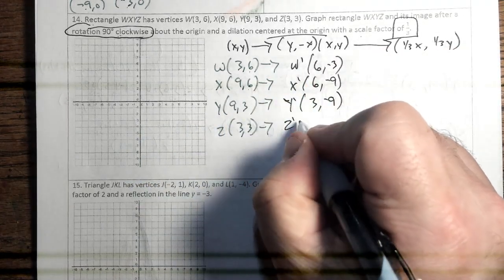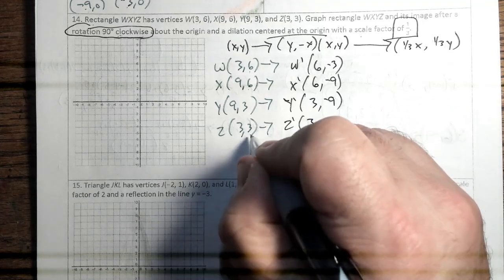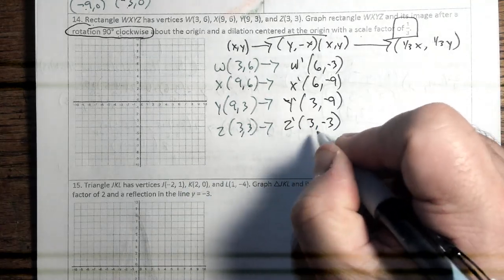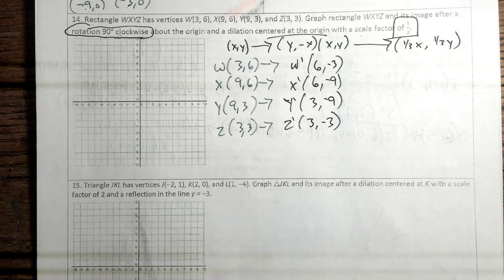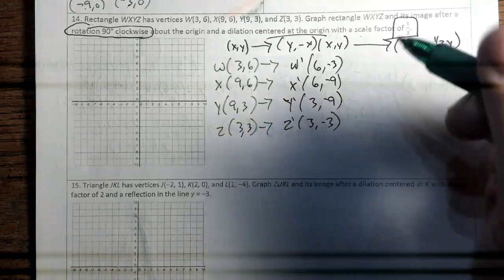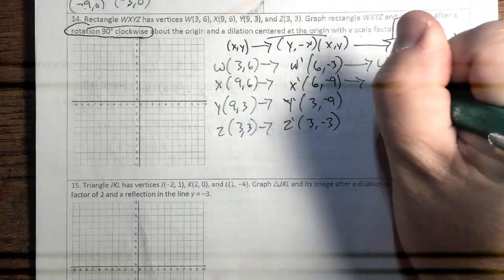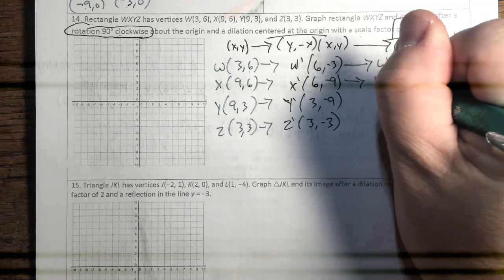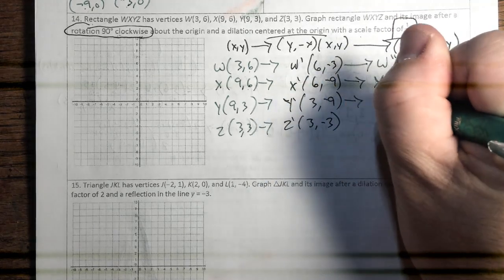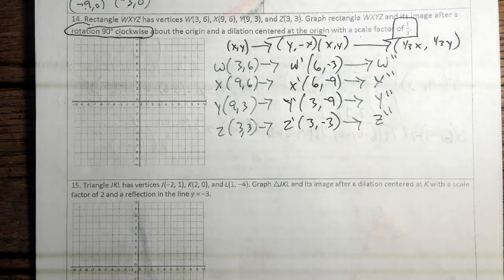And then Z prime, these are both the same, but the y goes up front and the x goes to the back, becomes negative. I think I will do it again this way: X double prime, Y double prime, Z double prime.